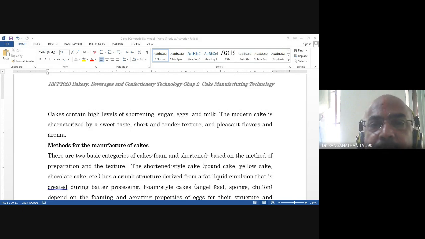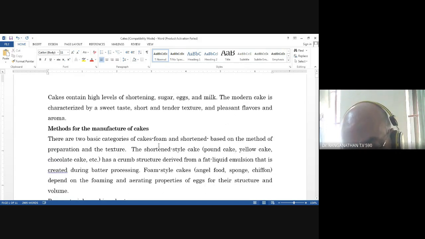When the fat is higher or the sugar is higher, you get this characteristic feature. Unfortunately, chemistry is everywhere. Chemistry is related here also. So when you consider cakes, cakes are sweet, short and tender in texture, soft, and they come under the category of sponge, as I already told you. Okay.